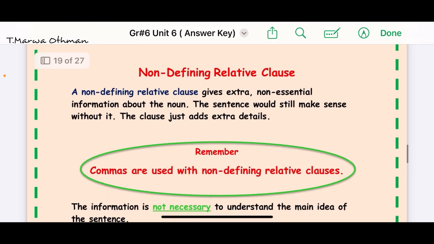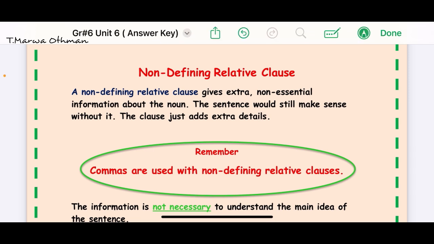Okay, let's see. Now we are going to talk about non-defining relative clauses. Non-defining means that it gives extra but not essential information. Yani, if I say this information to you, it would give you extra information, but if I didn't say it, the sentence would be clear, so it doesn't matter.